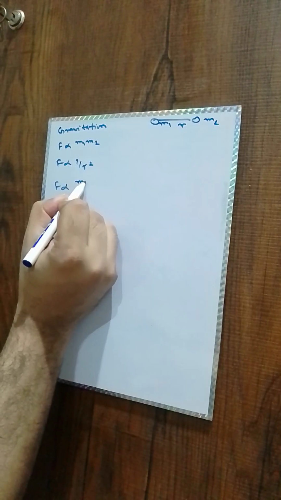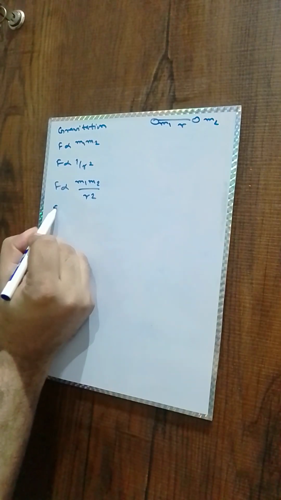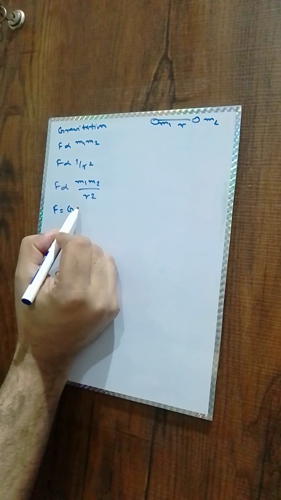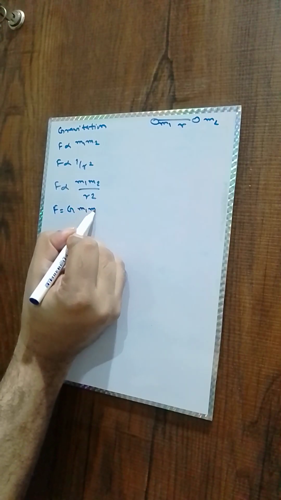It would be proportional to m1 m2 by r square. So we put the constant of proportionality to make it into an equation. So G m1 m2 by r square is equal to F, where G is the constant of proportionality, just the gravitational constant as well, basically.